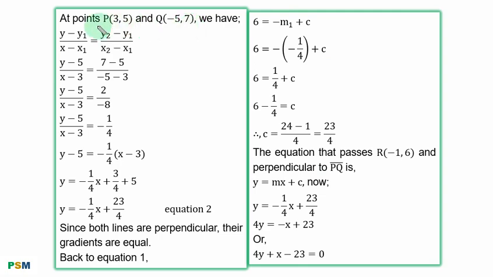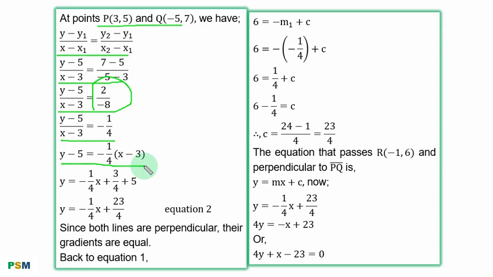At points P and Q, we have to form another equation using this form, where x1 is 3, y1 is 5, x2 is minus 5, y2 is 7. You replace them and you have this result. When you simplify, you have this result. If you reduce the right hand side, you have this result. Multiply through by x minus 3, you have this result.